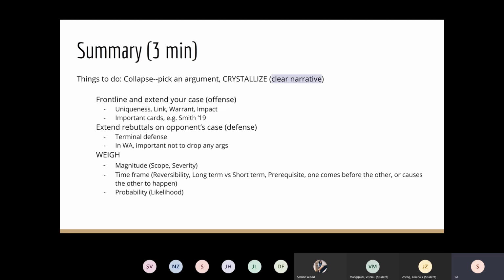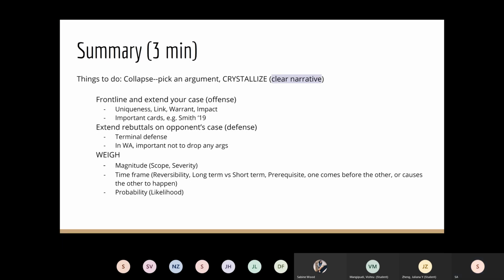Defense is points why the judge shouldn't be voting for your opponent. But remember, for the judge to have a reason to vote for you, at the end of the day, you always need offense, because not voting for your opponent doesn't make a very clear reason why the judge should vote for you. So you always want to be putting offense first.